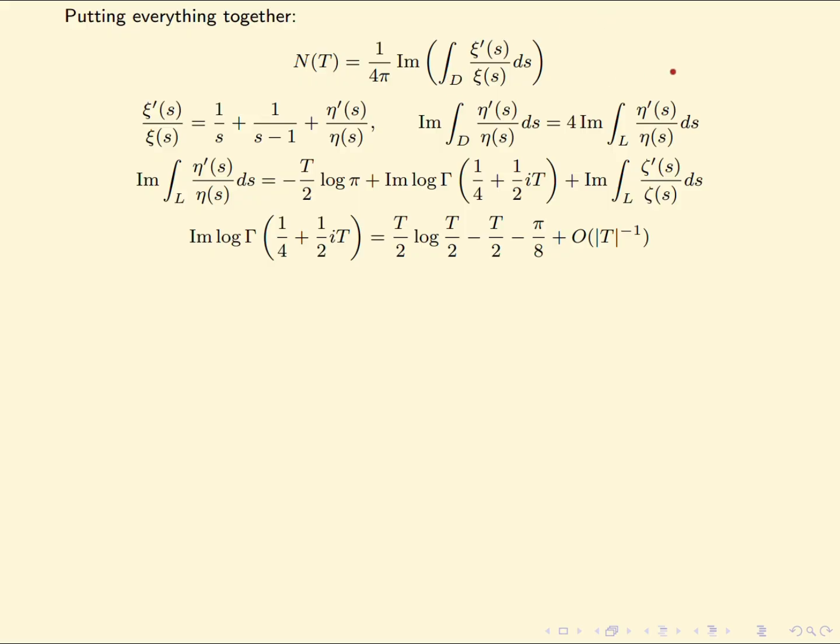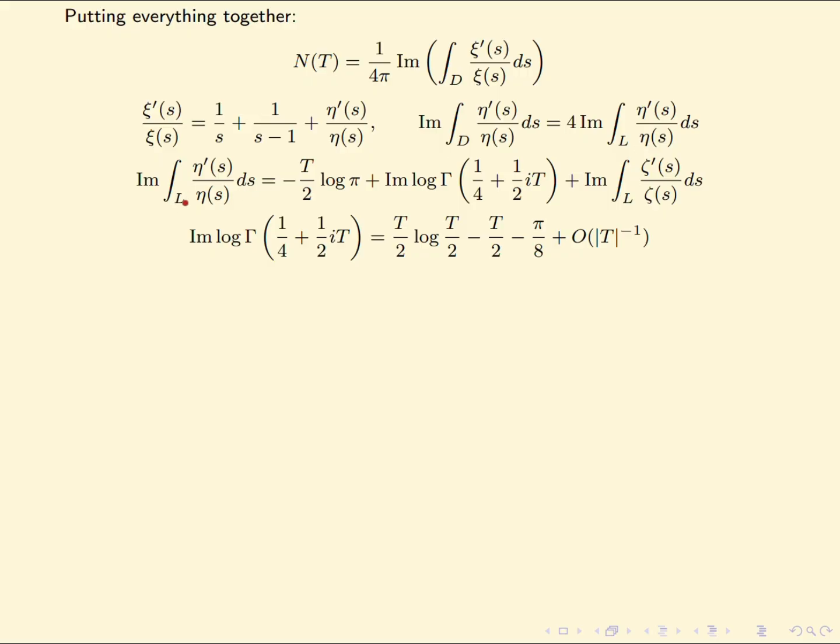D is the full rectangle, not just the path L of zeta prime of s over zeta. And then we used the logarithmic derivative on the definition of xi to get this formula. And then we have to contend with eta, but since eta has conjugate symmetry and has this 1 minus s symmetry, we were able to say that the integral over D is 4 times the integral over L.